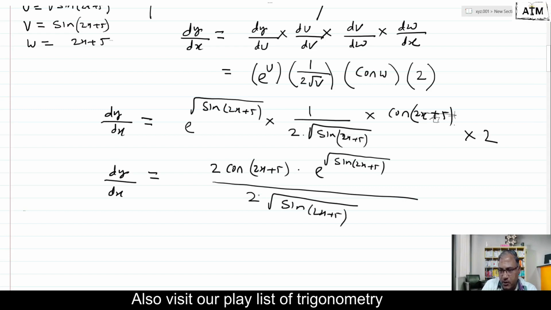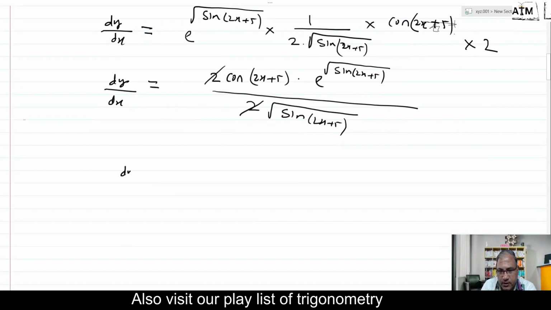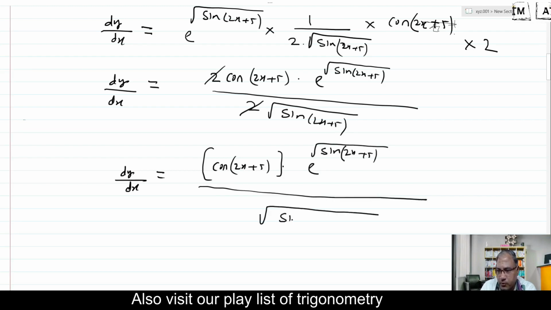If any cancellation is possible, do it. This 2 and 2 get cancelled. Therefore, finally we get dy by dx equals cos(2x plus 5) multiplied by e raised to sine (2x plus 5), upon under root of sine of (2x plus 5).